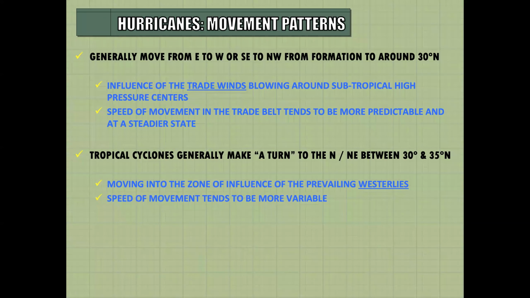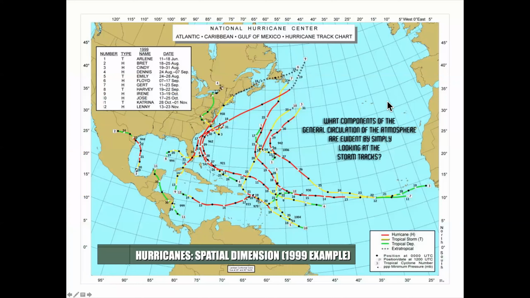This is how they tend to move. They will move with the trade winds when they first form, and then they will essentially turn to the north and northeast as soon as they are affected by the westerlies. And you see it here.